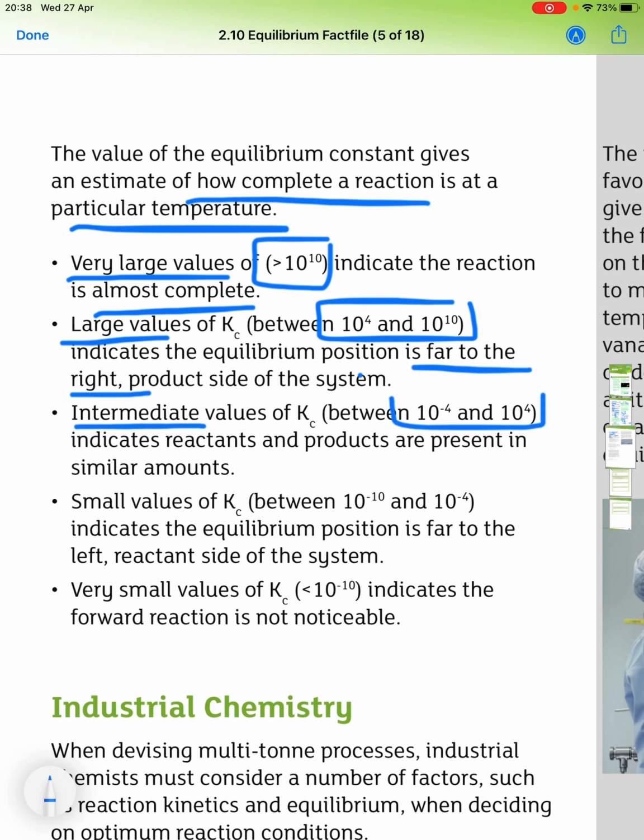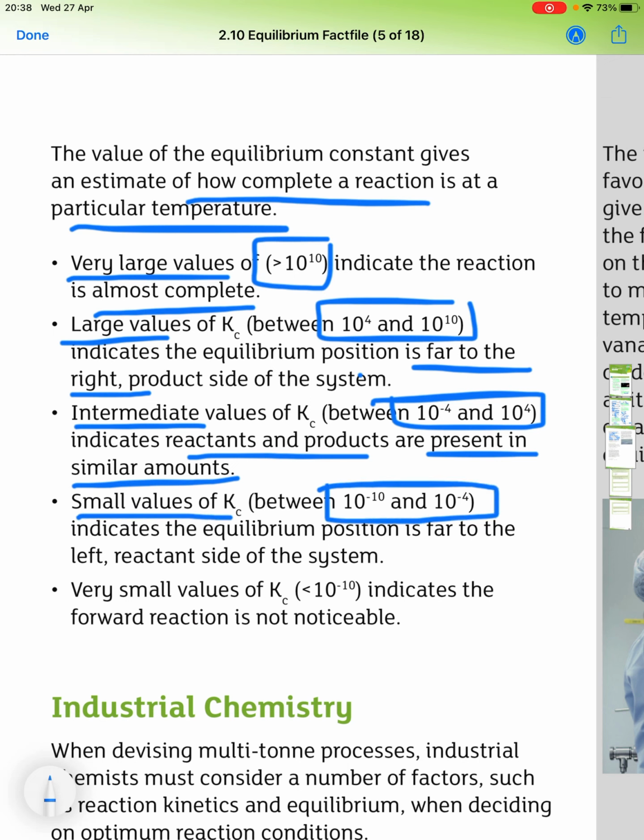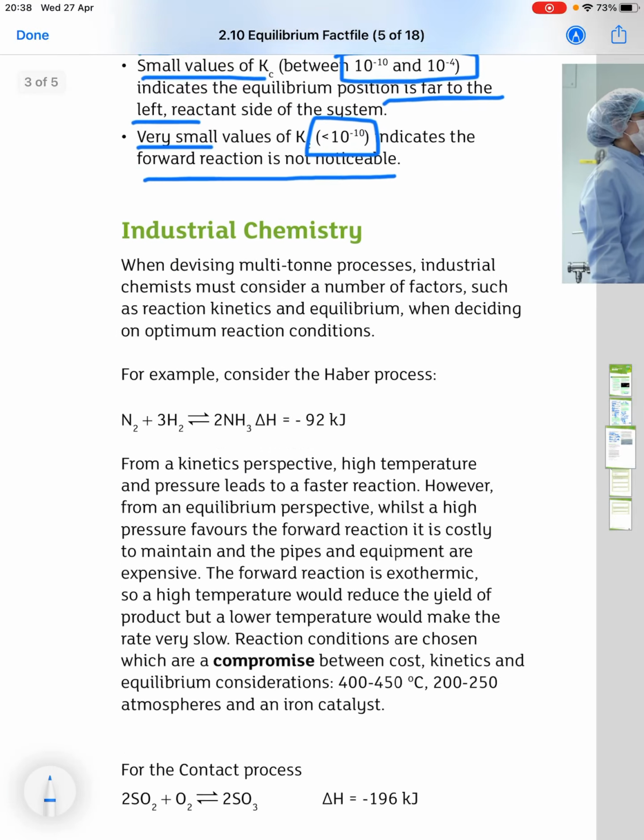Intermediate values, between 10 to the minus 4 and 10 to the power of 4, indicate the reactants and products are present in similar amounts. Small values of Kc, between 10 to the minus 10 and 10 to the minus 4, indicate the equilibrium position is far to the left on the reactant side of the system. Very small values, where Kc is below 10 to the minus 10, indicate the forward reaction is not noticeable.